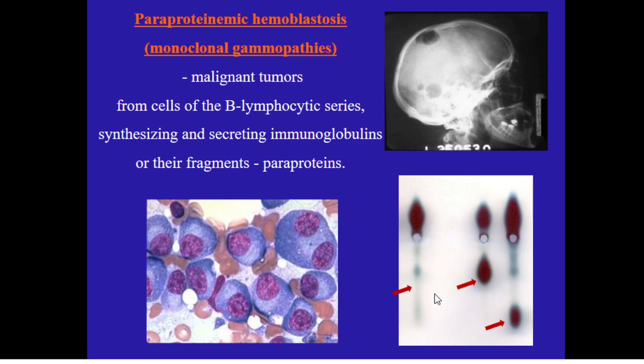But in case of a big quantity of absolutely similar molecules, they will be visible as a spot, or a line. On the electrophoregram, it differs due to the different properties of paraproteins, and depends on the cell that starts to produce them.